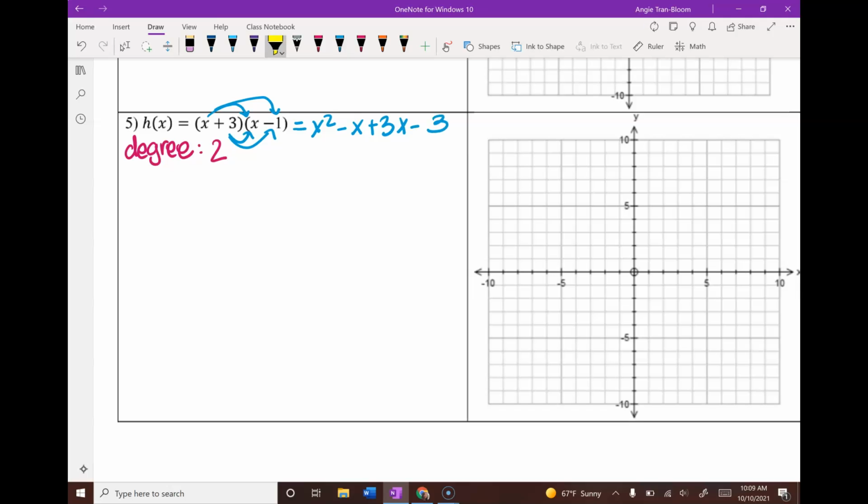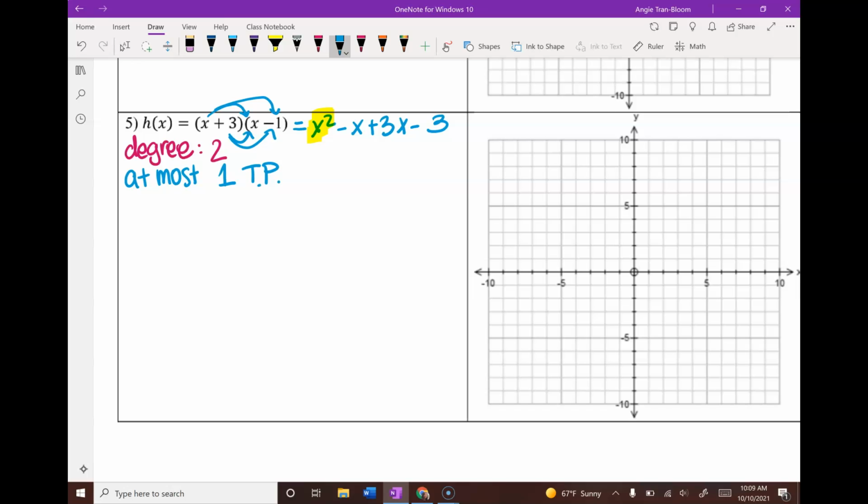The degree, if you were to FOIL it out, would be the highest power, the highest exponent. So the x in the front has a degree of 2. That means your power is 2. Your exponent of that term is 2. Because we know the degree is 2, we know that we would have at most 1 turning point.